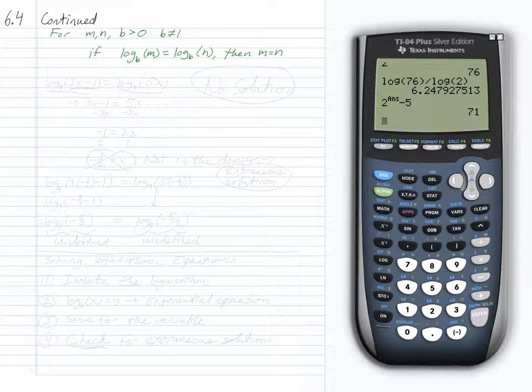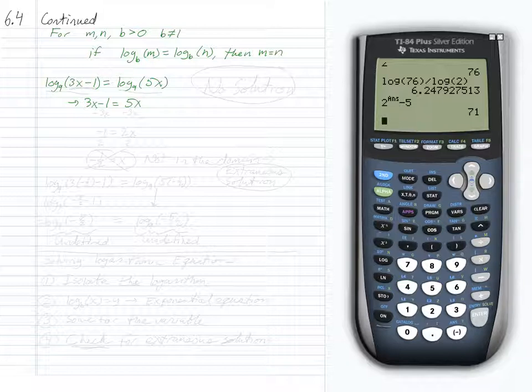For example, if I have an equation of the form log base 9 of 3x minus 1 equals log base 9 of 5x, then I can say, since our bases are equal, that 3x minus 1 equals 5x.